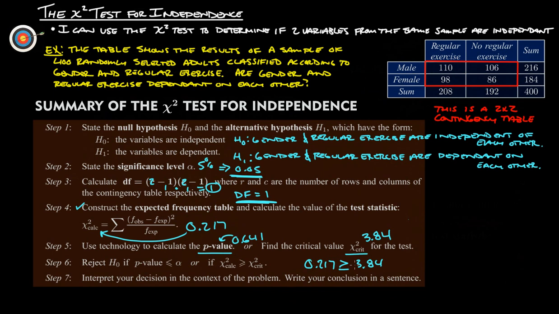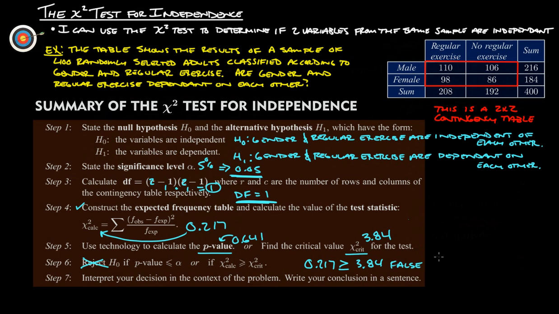Okay, so with that, we have this inequality. So we're going to just plug that in, which we did. And let's see, 0.217 is not greater than or equal to 3.84. So this is false. So reject it if this is true. So we are not going to reject it.